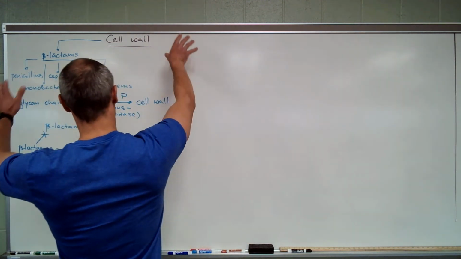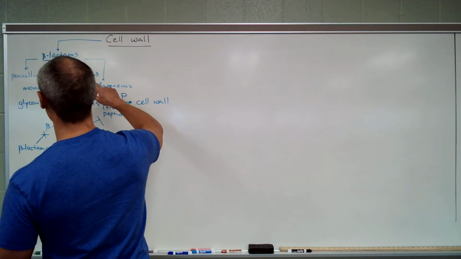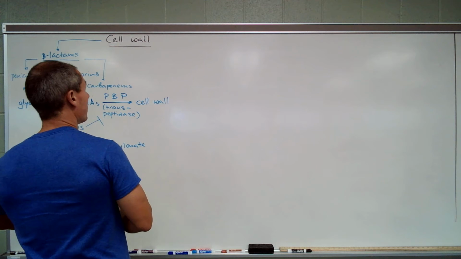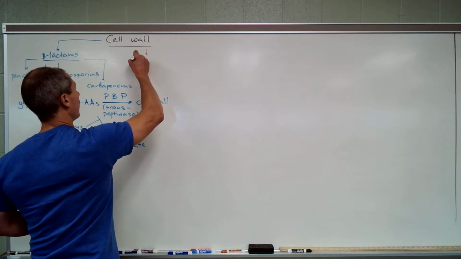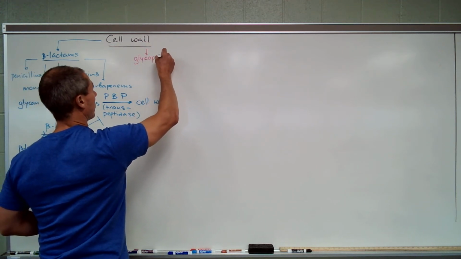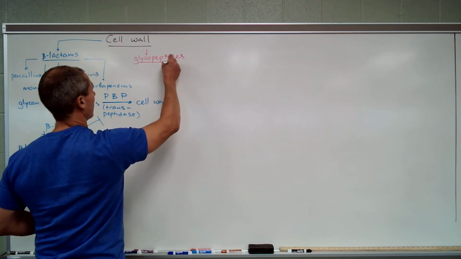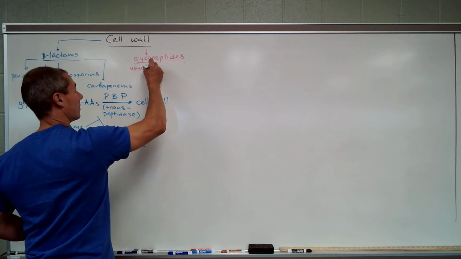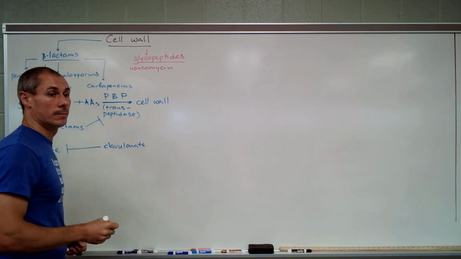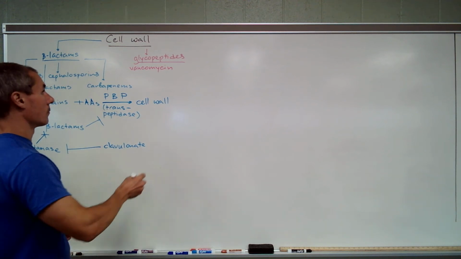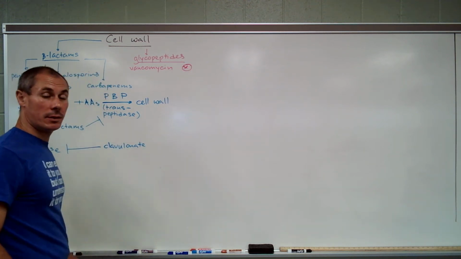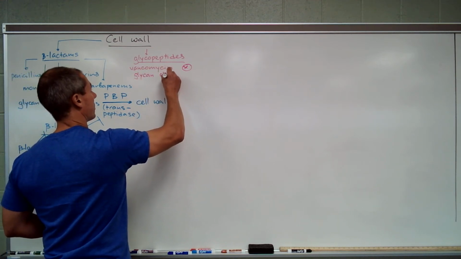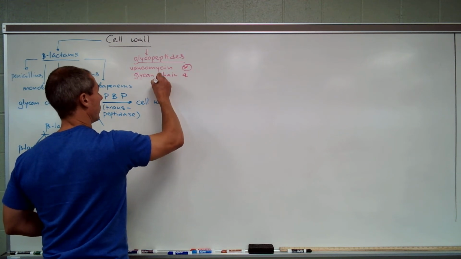The second kind, it's actually going to be the 5th class, since those were 4 classes, right? Oh, it's going to sound so familiar: glycopeptides. One example, vancomycin. Okay? So glycopeptides inhibit glycan chain and peptide link formation.